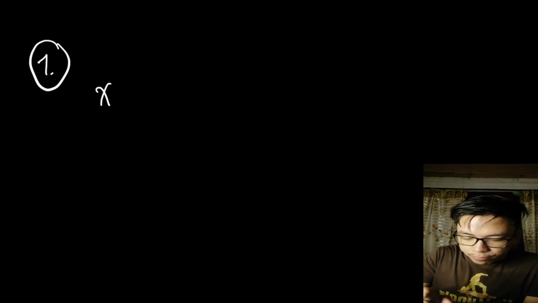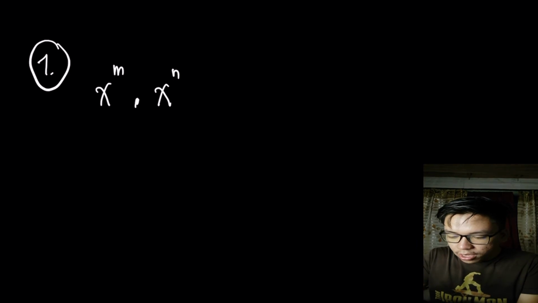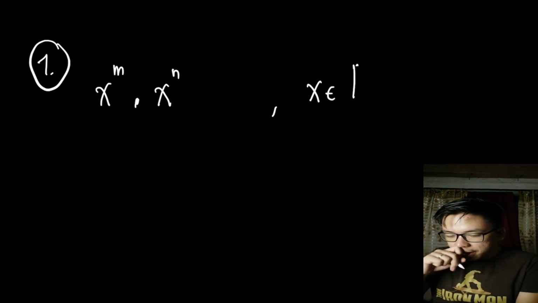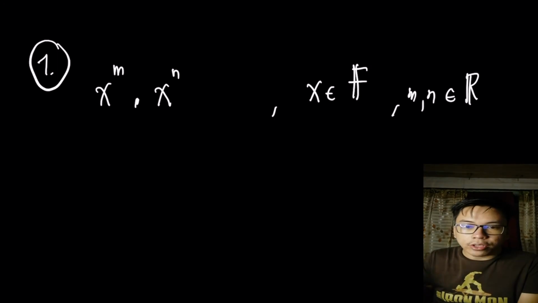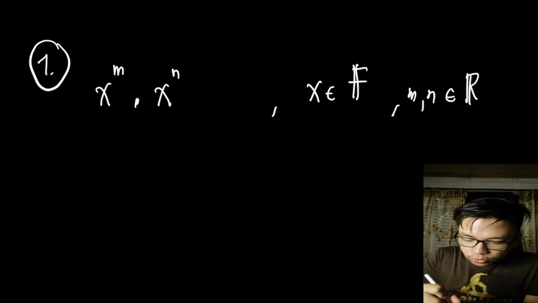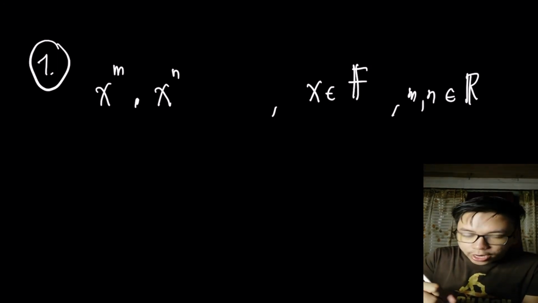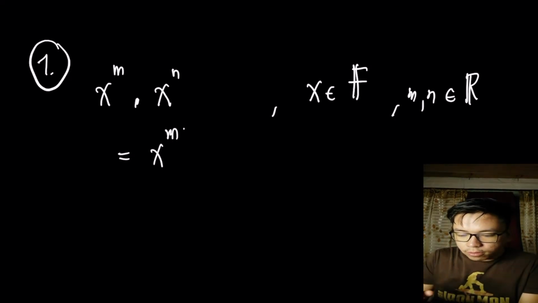So if you have x to the m times x to the n, that means your x here is any field element, then your m here and n here are real numbers. So they're actually constants. So if you do the multiplication of these two, you're actually copying the base and then you add the exponent. Okay.